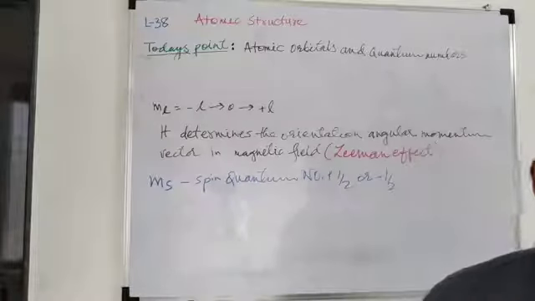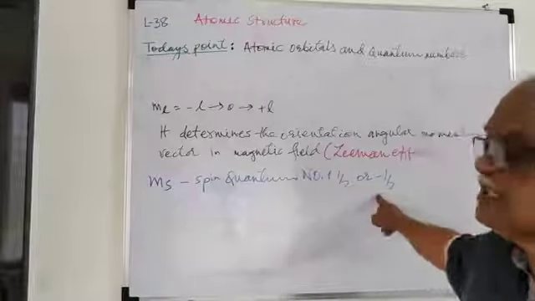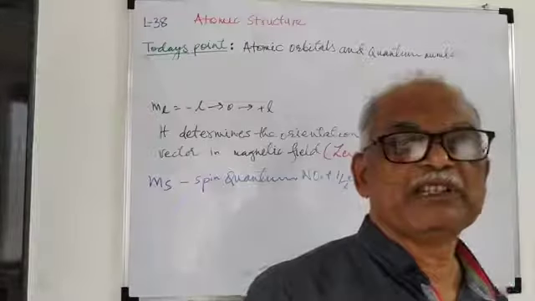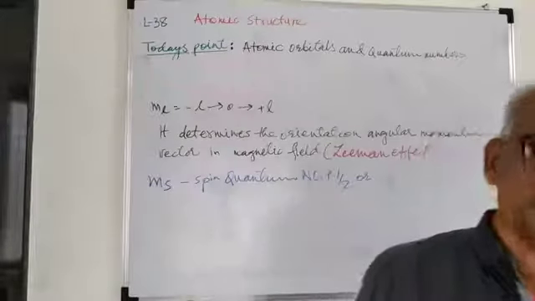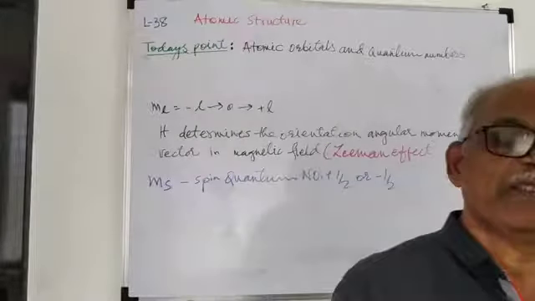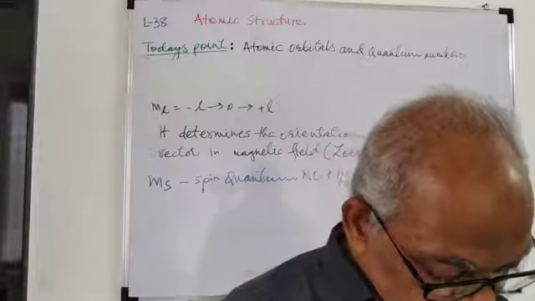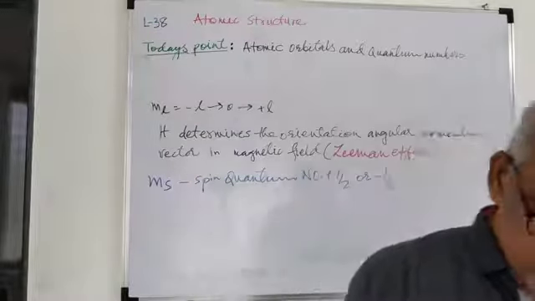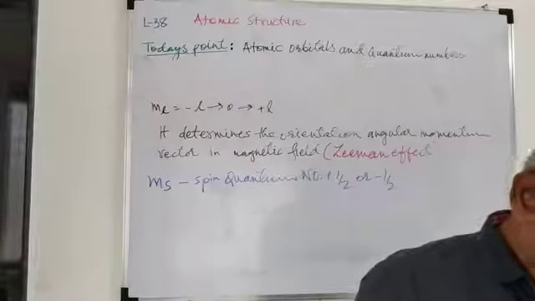When the spin of the electron is in clockwise direction, the value is +1/2. When the spin of the electron is in the opposite direction, that is anti-clockwise, or opposite to the applied magnetic field, it is called -1/2. So all these values are considered here.